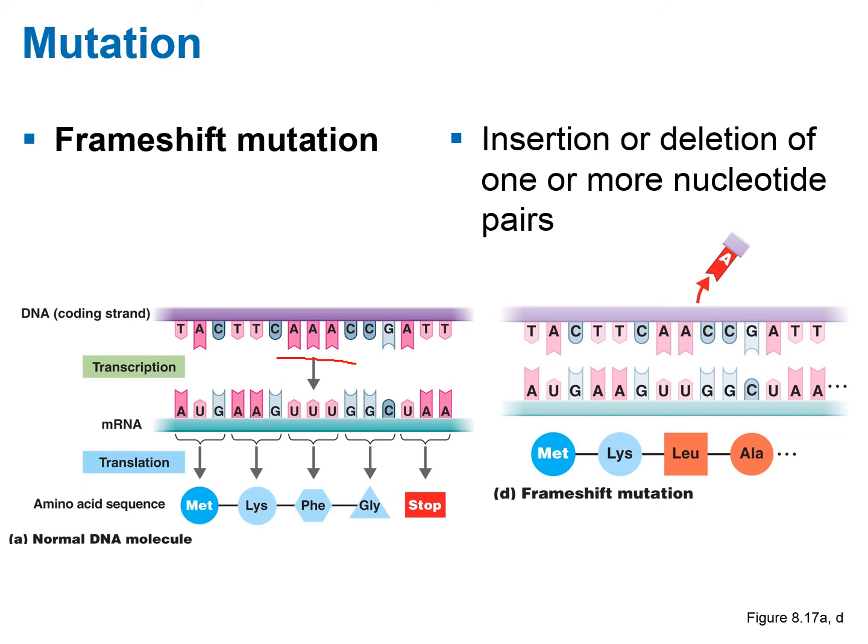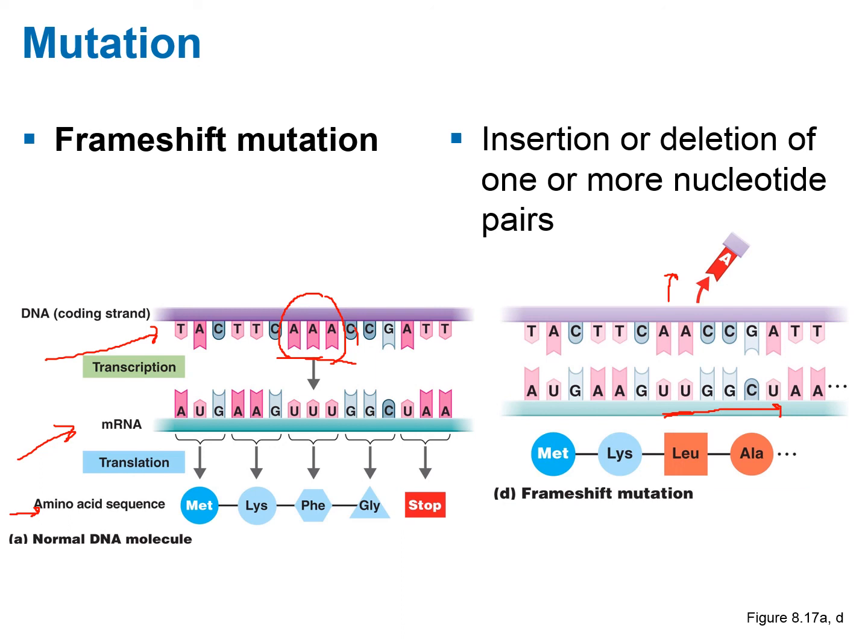So in this example, here's our original sequence, our messenger RNA, and then the translated product. Right here, where there will be a phenylalanine eventually, you have a bunch of adenines stacked on top of each other. If one adenine happens to slip out of position during transcription, then instead of getting UUU down here, all of the nucleotides from this point going forward, they move back one space.